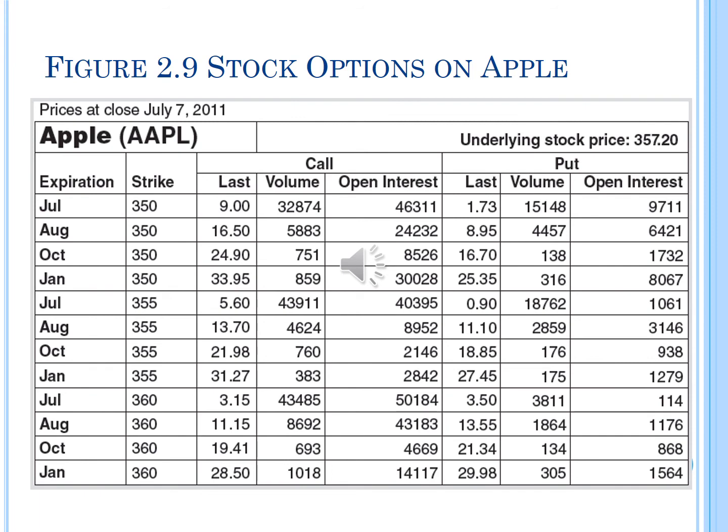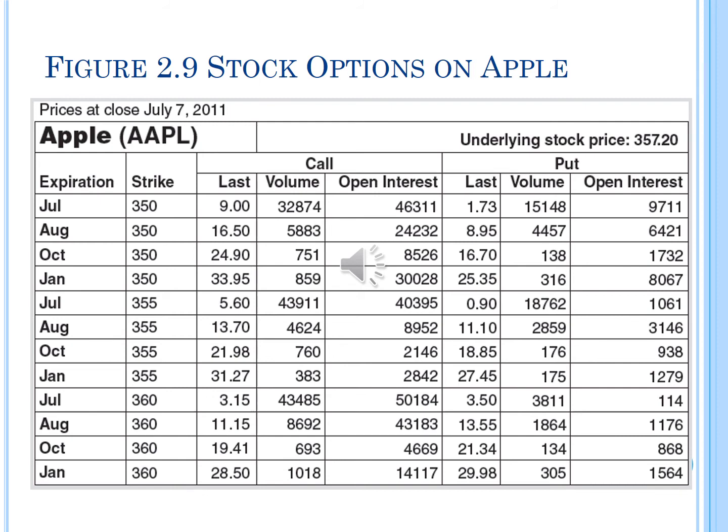In this figure, you can see a portion of the options quotations for Apple company from the online edition of the Wall Street Journal. Here you can see the price of Apple shares on that date was $357.20.